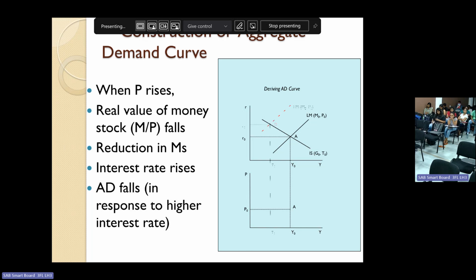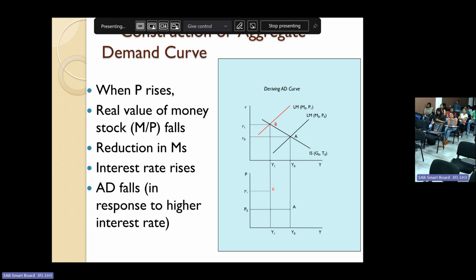If there is a rise in the price level, that shifts the LM curve to the left, because there's a decline in the real money stock in the money market. So that shifts the LM curve upward to the left. That will raise the interest rate from R0 to R1.